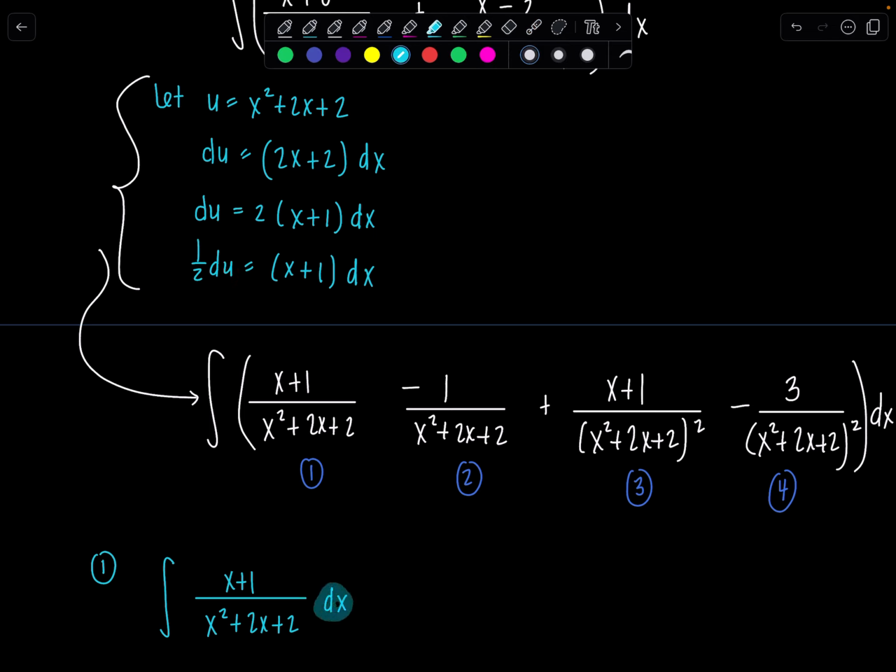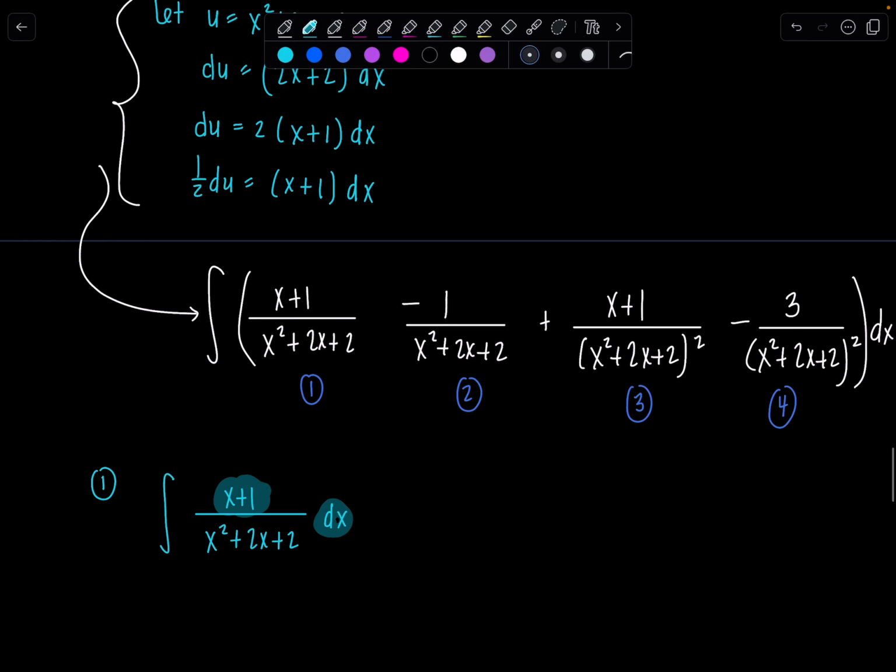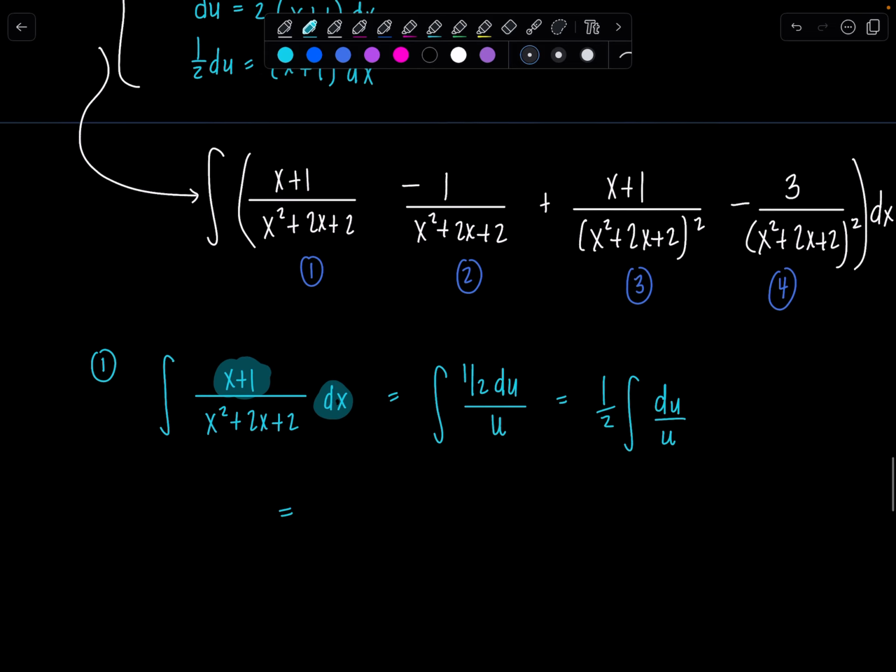So here's x plus 1 dx, that's going to be 1/2 du over u. Good. So this is going to be 1/2 integral du over u, and the antiderivative of 1 over u is ln absolute value of u. I'm going to put plus c1. I'm going to save plain old c for the very end.